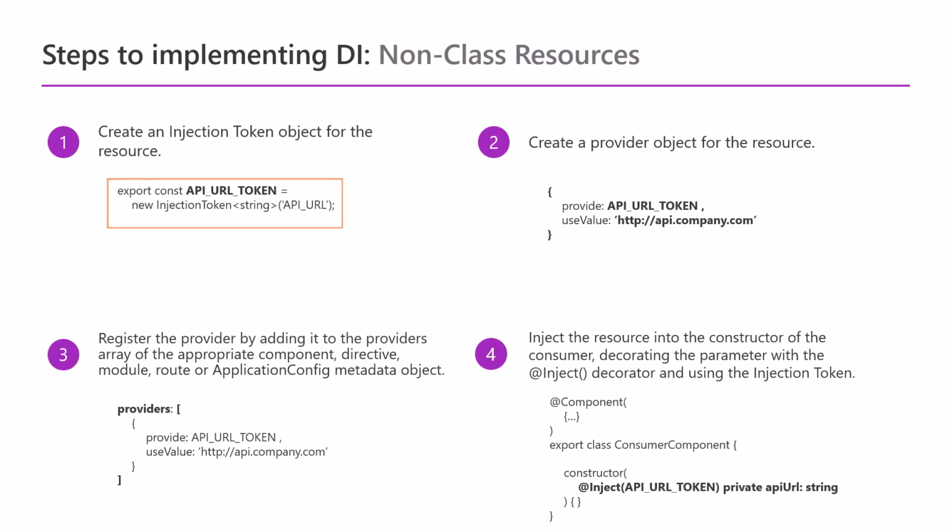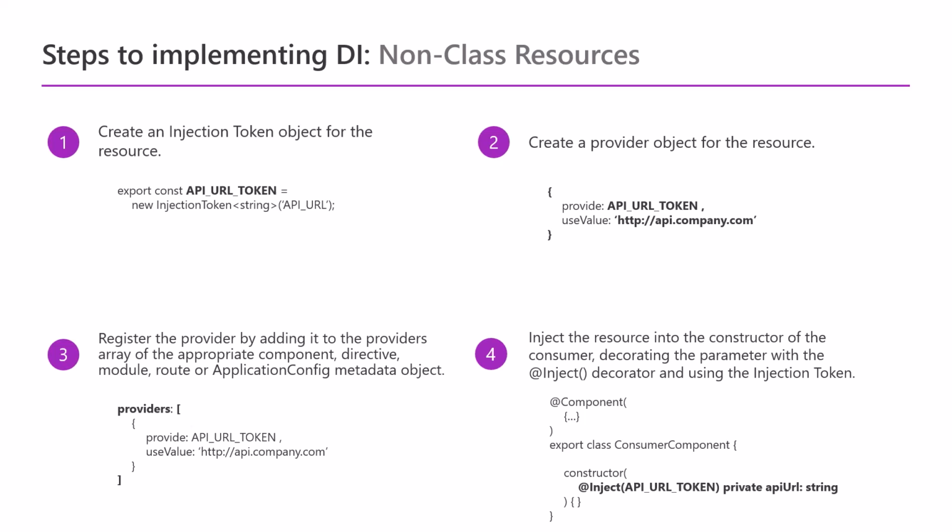We'll talk more about injection tokens in a moment, but for now, an injection token is simply a unique identifier for the resource. Step 2, we create a provider object for the resource. And we'll also talk more about providers in a moment. But for now, a provider is a set of instructions, and those instructions tell Angular how to create the resource.